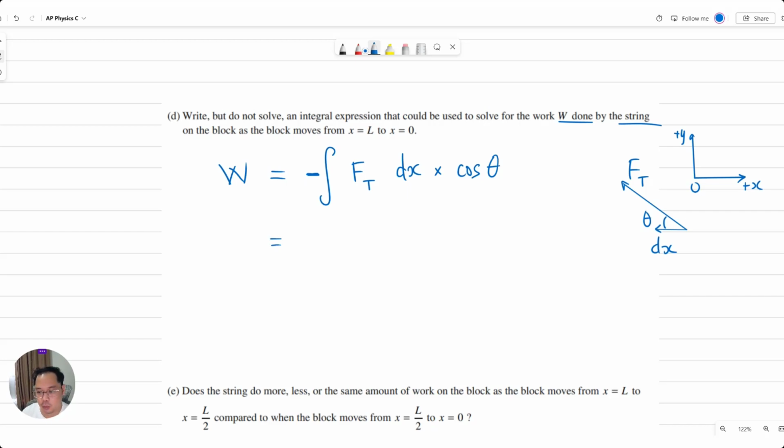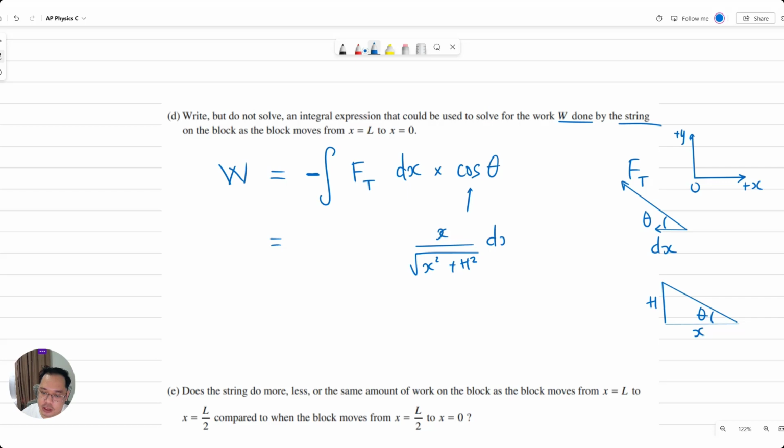And similarly we can express the cosine in terms of x and h. We have x here, we have h here, and this is the angle. So cosine of this angle is the cosine here. Okay, that cosine is adjacent x over hypotenuse, which is the square root of x squared plus h squared.